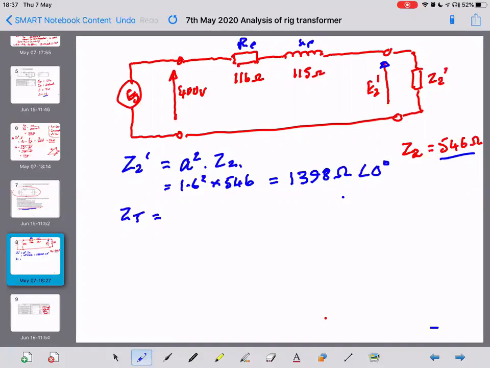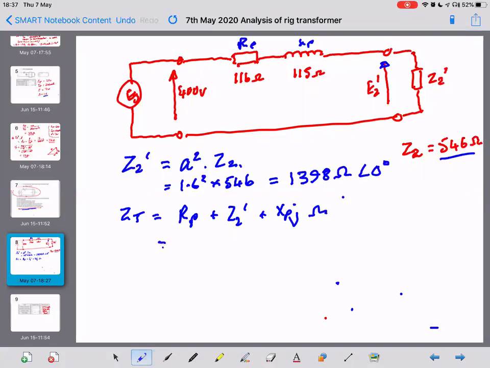Okay, so we're going to find ZT, the total impedance. What we've got is RP plus Z2 dash, they're both resistive, plus XP j, because that's inductive, ohms.